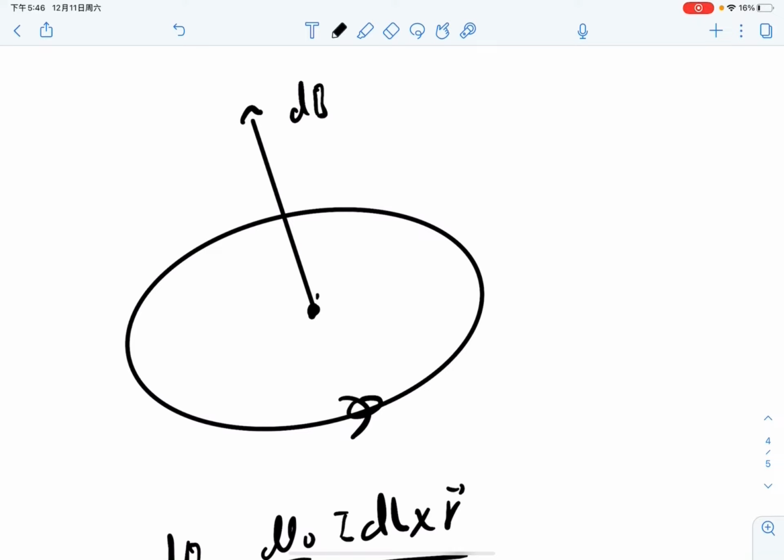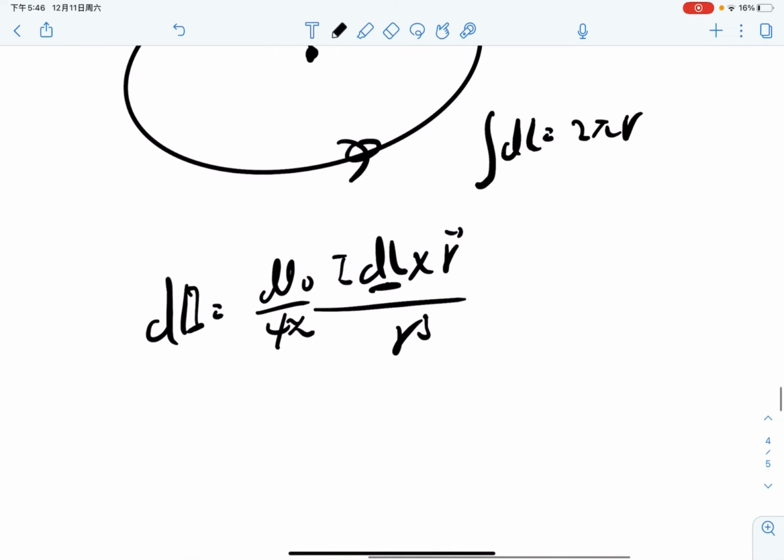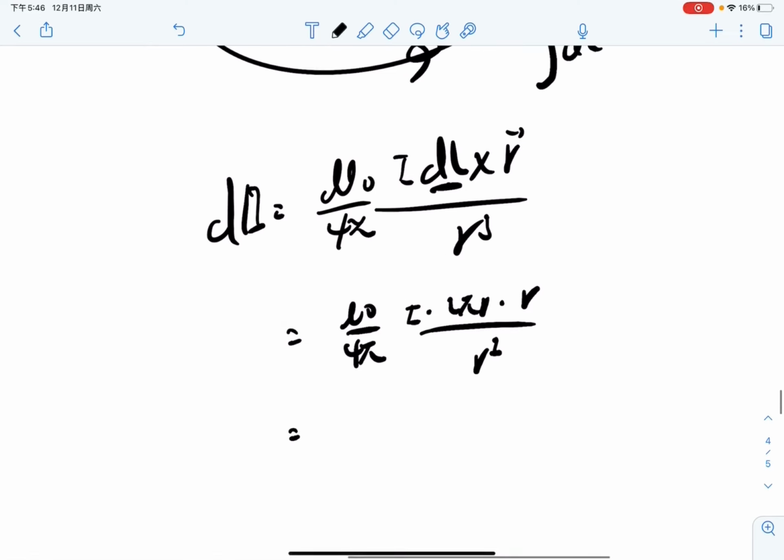And for one circle, you integrate one circle, dl gives 2 pi r. So this will eventually come down to mu0 over 4 pi times I times 2 pi r times r divided by r cubed, which is equal to mu0 I divided by 2r. And we're done.